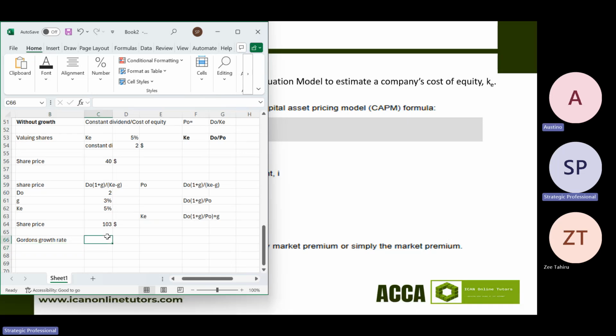When I get it, I will share it, using the dividend growth model. So we also use that to calculate that.